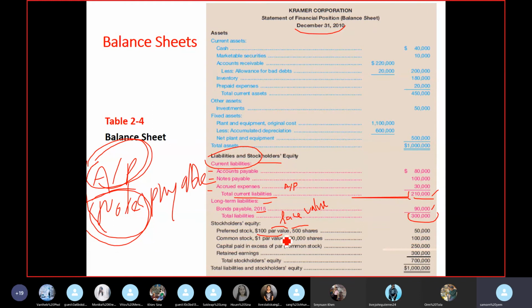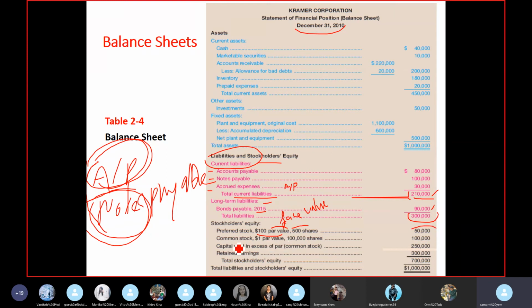The value is already reflected on the share. So one share has the value of 100, or we can say par value. A total of 500 shares multiplied by 100 is 50,000 USD.